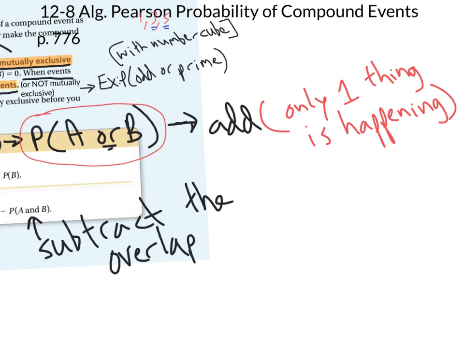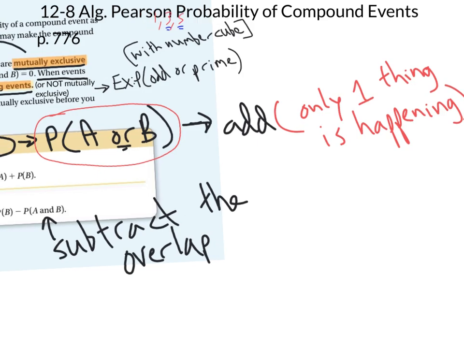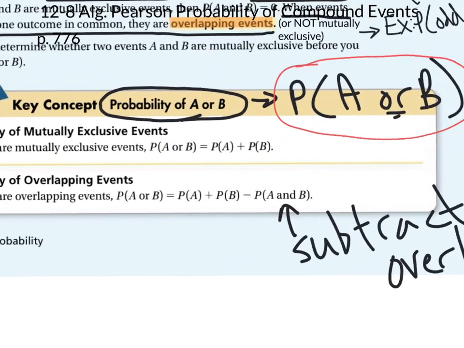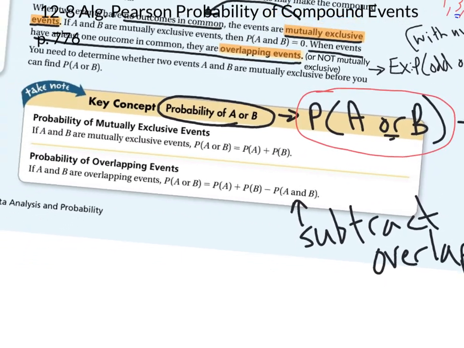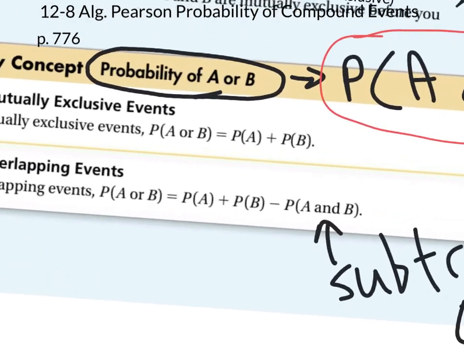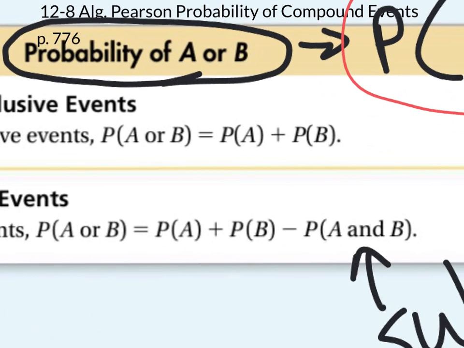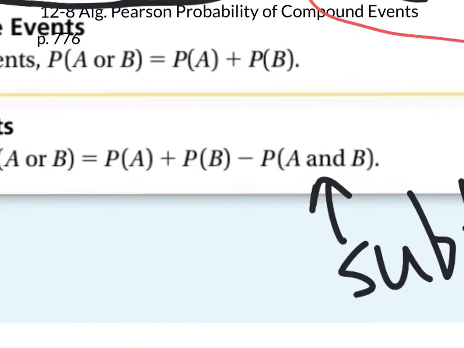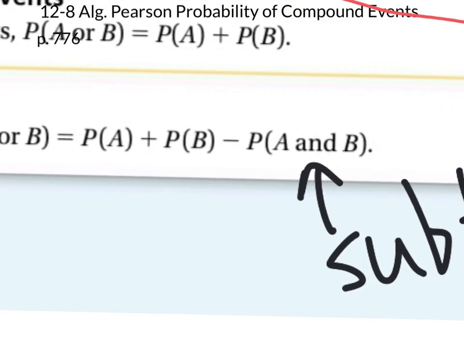The book shows you one way. I'll mention a different way just as another option for you. So the book talks about if they're mutually exclusive, if there's no overlaps, you can just add their probabilities together. They're separate, no overlapping, we just add the probabilities. If there are overlaps, if they're overlapping events, then you can add the probabilities and then subtract the part that overlaps.